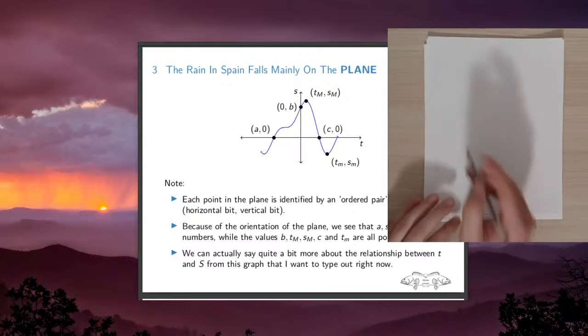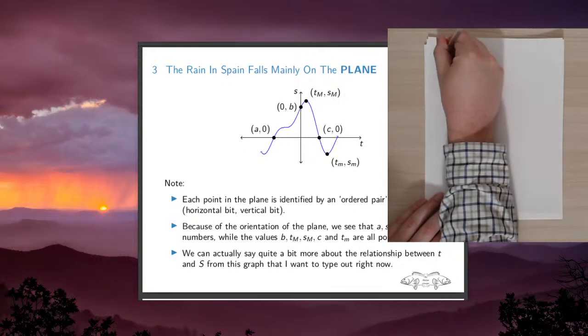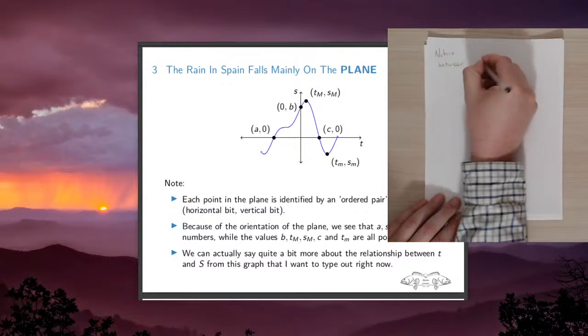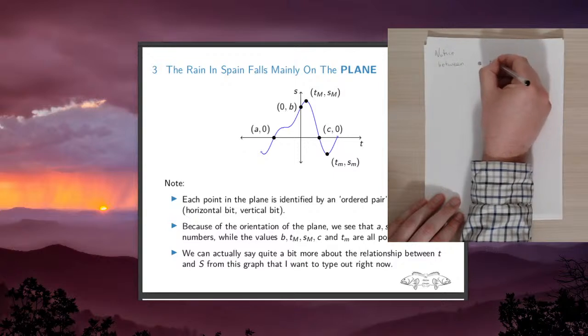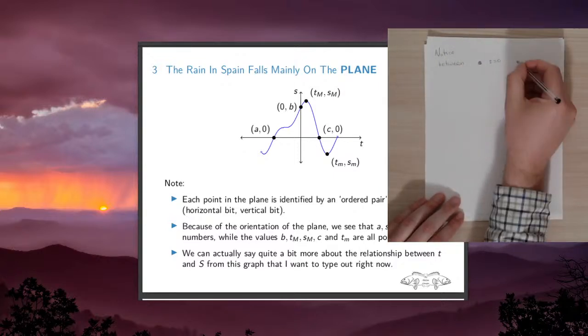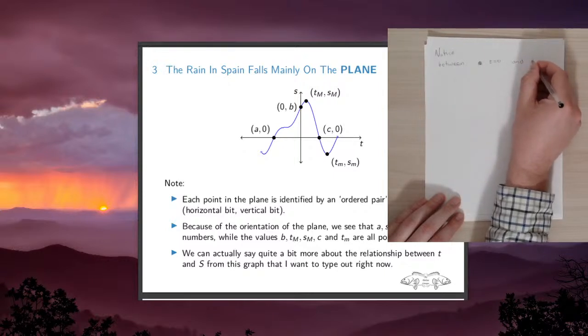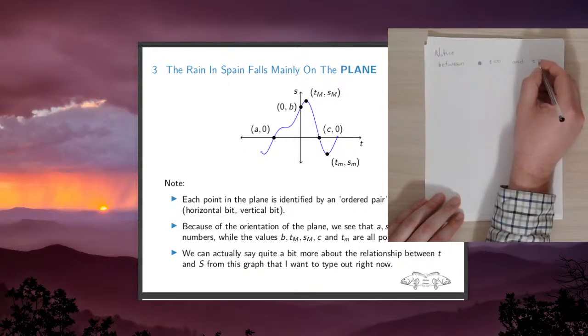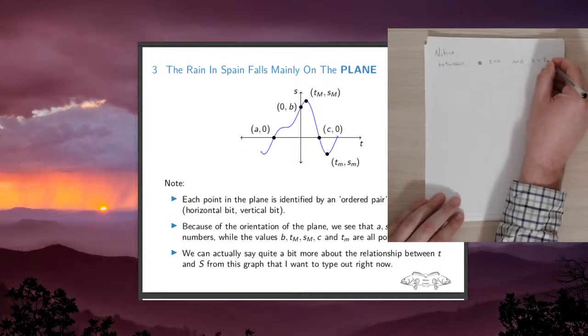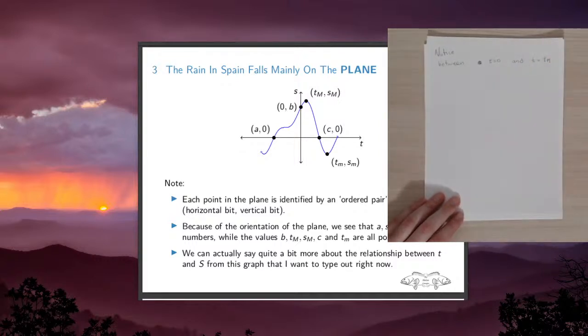Cool. So let's notice that the horizontal axis is t, right? So between t equals 0 and t equals t sub capital M, what is the function doing in between those little parts, right?